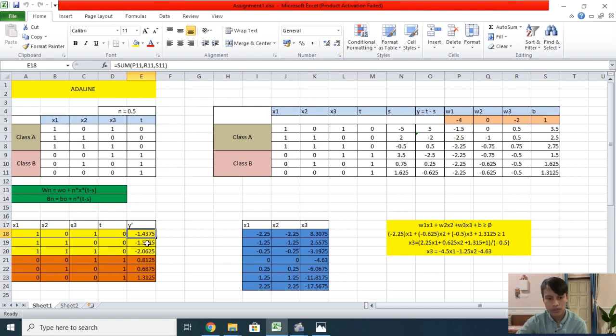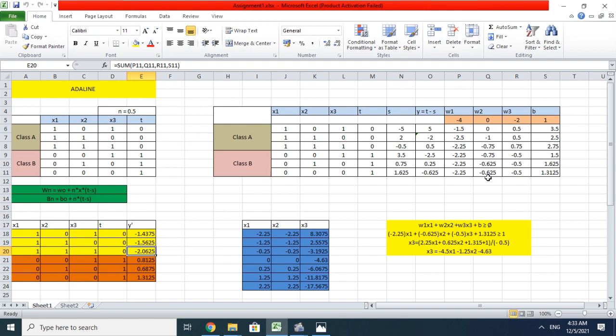So that's why we get the negative 1.4375, negative 1.4375, and this value is negative 2.25 plus the negative 0.625, then we get the negative 1.5625, and this we need to add the w1, w2, w3. So negative 2.25 plus negative 0.625 plus negative 0.5.